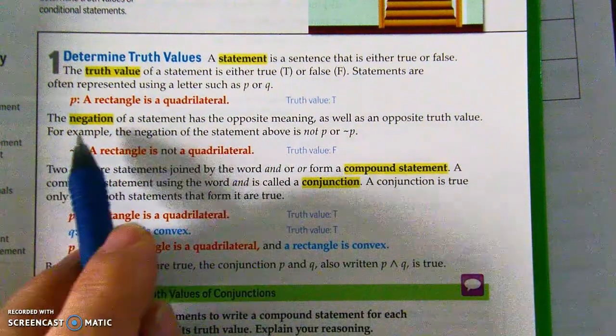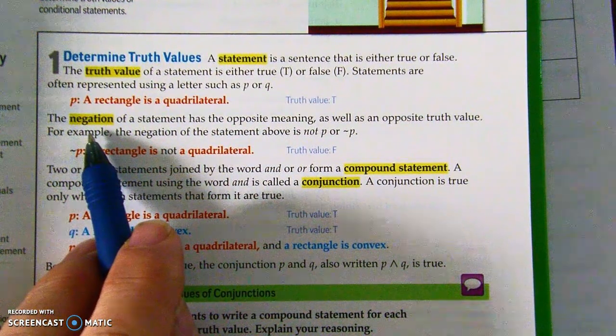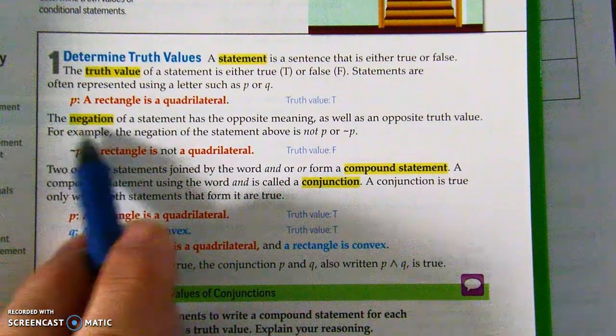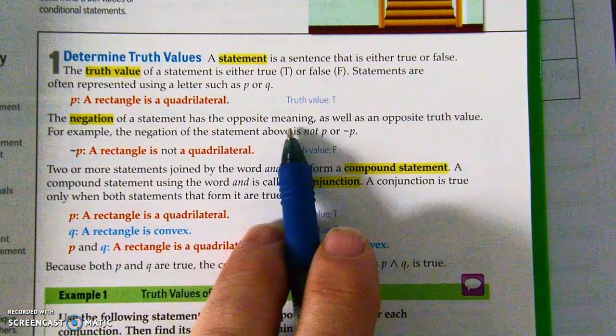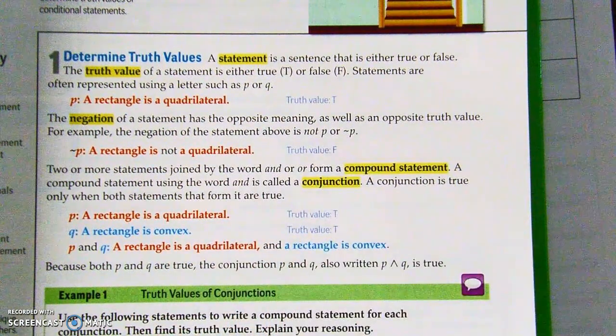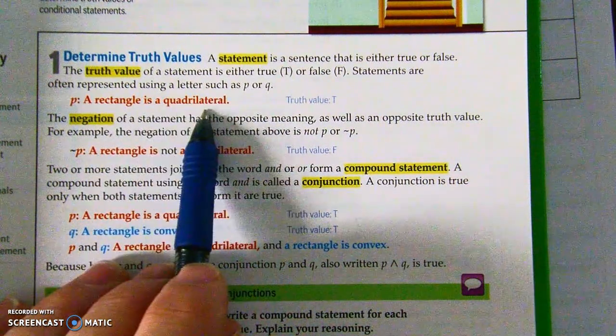Now here's an interesting one. It goes back up to that little squiggly mark that we said means not. Negation is the word we're talking about here. The negation of a statement has the opposite meaning, so you might want to make a note of that: opposite meaning, as well as the opposite truth value. For example, going back up here, a rectangle is a quadrilateral.